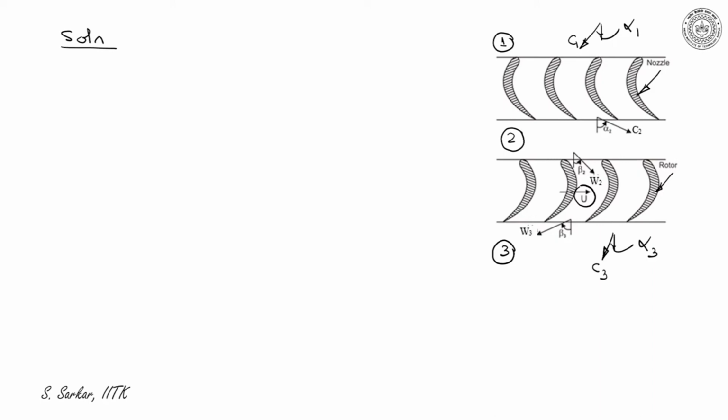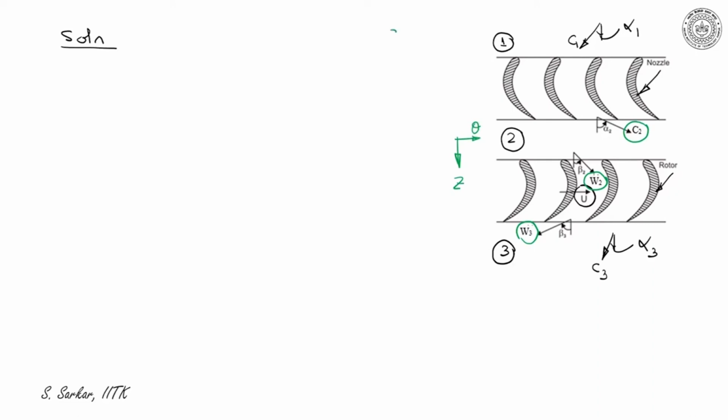Furthermore, C2 be the absolute velocity that makes an angle alpha 2 with the z-axis, and with respect to the rotor, W2 be the inlet velocity and W3 be the exit velocity that makes an angle beta 2 and beta 3 with respect to z-axis. Z being the axial direction and theta be the radial direction.